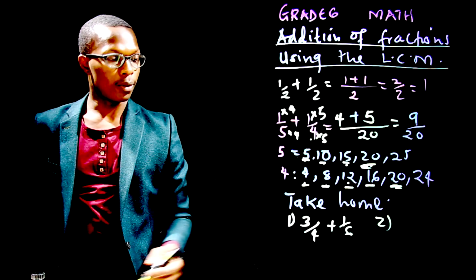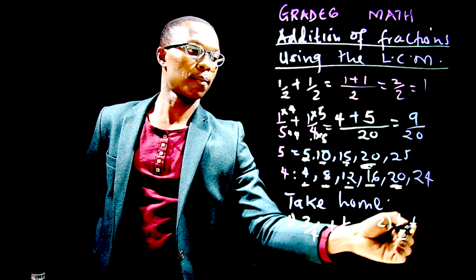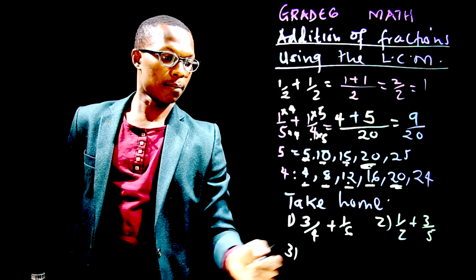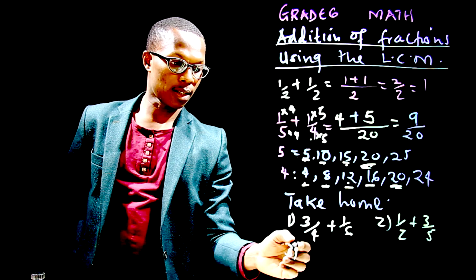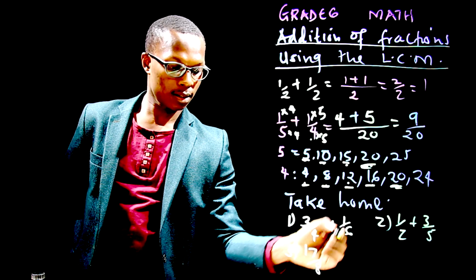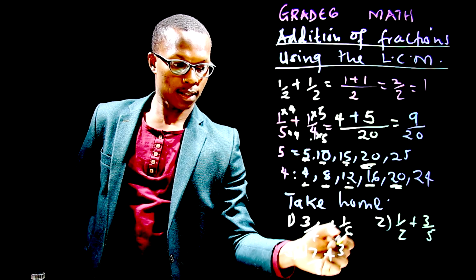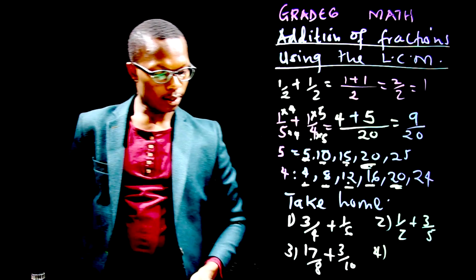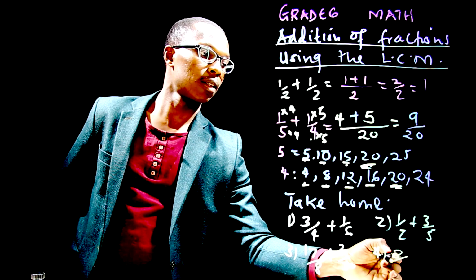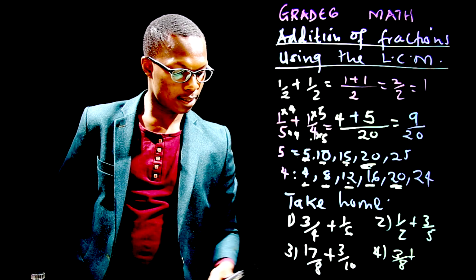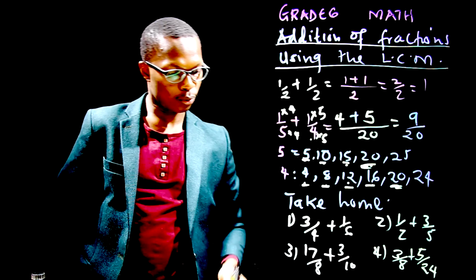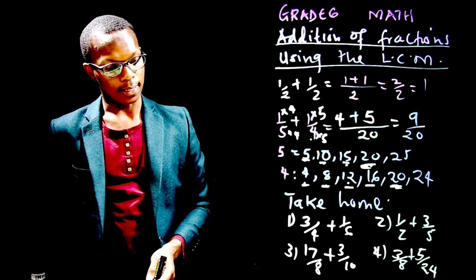Then number two, add a half plus 3 over 5. Then number three, 17 over 8 plus 3 over 10. Then we also have 3 over 8 plus 5 over 24. I think that's it.